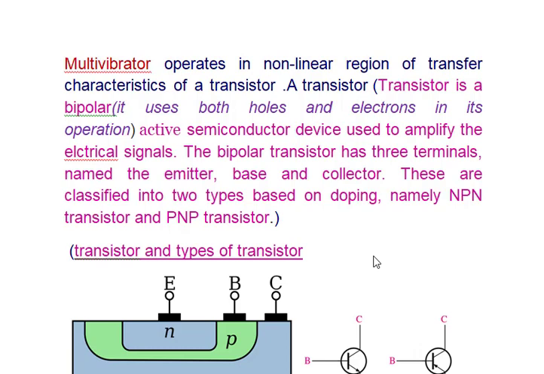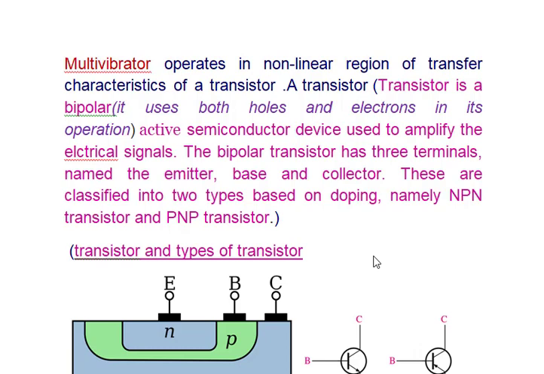If the p-type material is connected with the positive terminal of the battery and the n-type material is connected to the negative terminal of the battery, this type of bias is known as forward bias. What is reverse bias? A p-type material is fed with a negative potential and the n-type material is fed with a positive potential. This type of biasing is known as reverse bias.